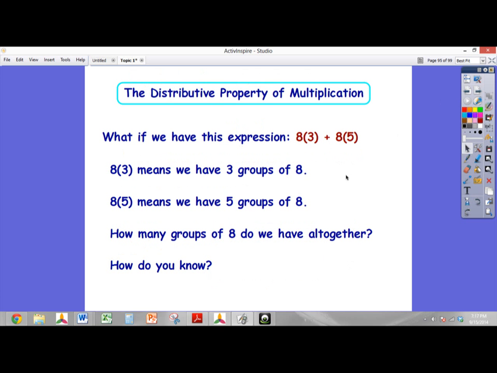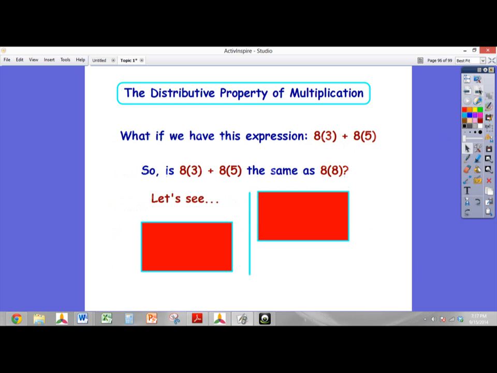Now, we can also use the distributive property to join factors together. So look at this expression here. We have 8 times 3, this means multiply here, plus 8 times 5. So 8 times 3 means we have 3 groups of 8. 8 times 5 means we have 5 groups of 8. Well, how many groups of 8 do we have altogether? I have 3 groups. I have 5 groups. Oh, I have 8 groups of 8.